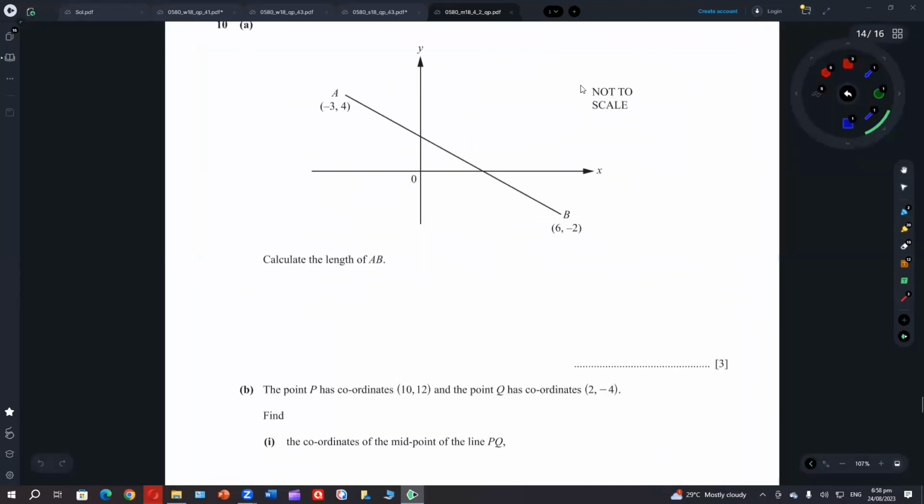This is a straight line. Calculate the length of AB.